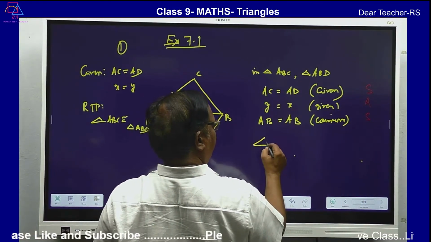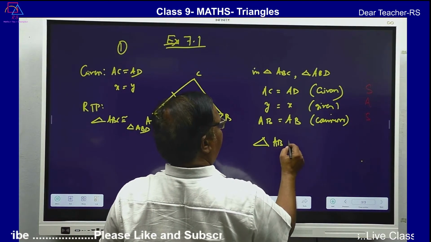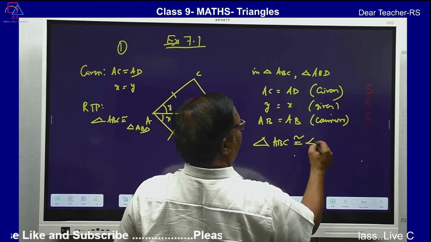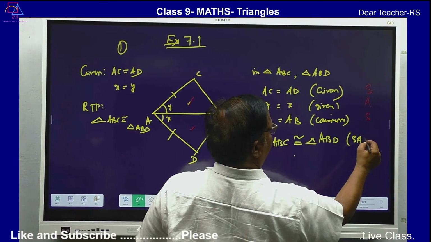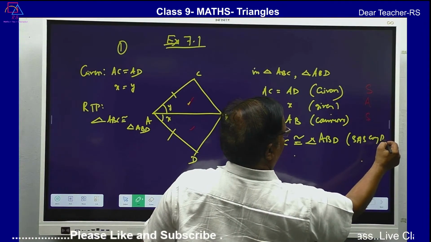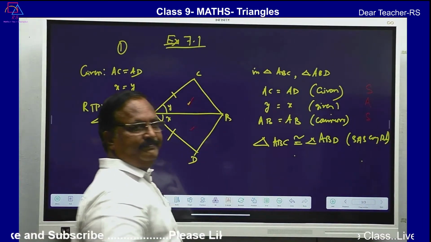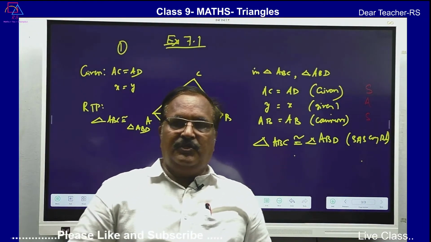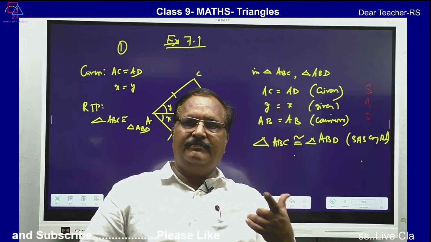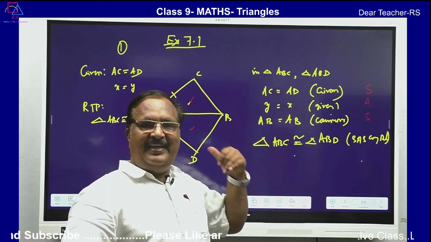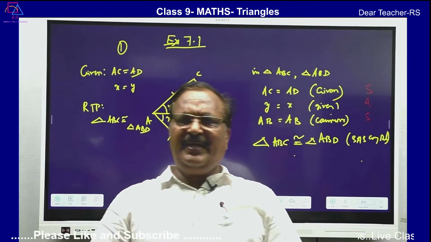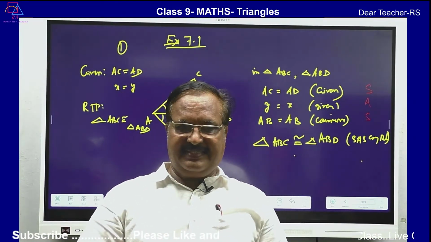If you write in the order, it will be very good. So triangle ABC is congruent to triangle ABD by SAS congruency. So this is based on SAS congruency axiom.